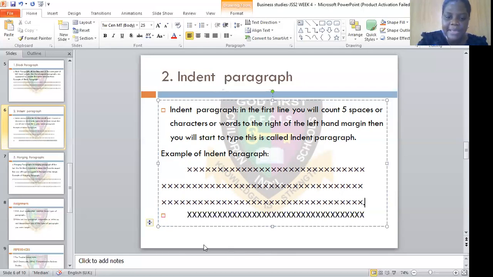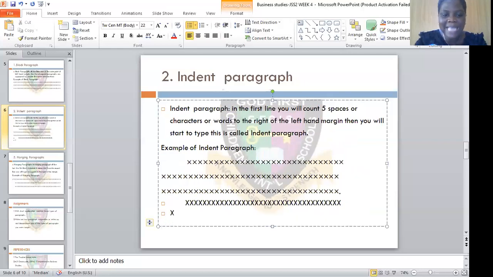And you press enter to come again to the left margin. For the next paragraph, you remember to give another 5 spaces. Are you with me? You remember to give another 5 spaces, whereby you will now start typing again.